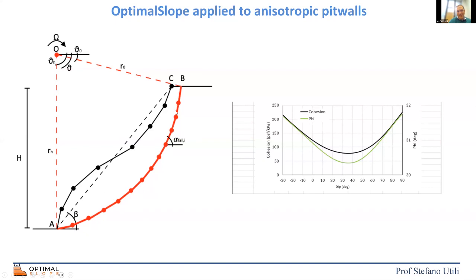Basically, we have to discretize a failure mechanism, and we have to give a strength that depends on the loading direction. You can see that along these different pieces, every piece has a different direction. So every piece along this failure mechanism is associated with a certain inclination, according to which a different value of cohesion and internal friction angle is specified.